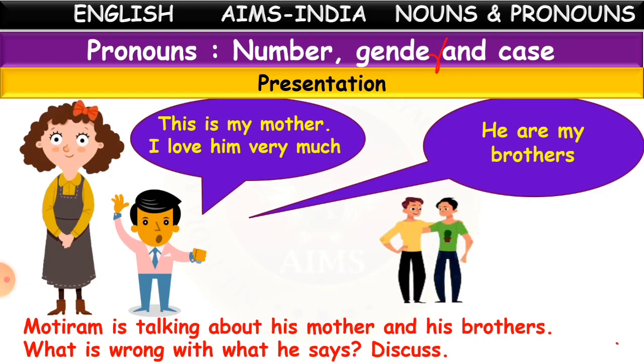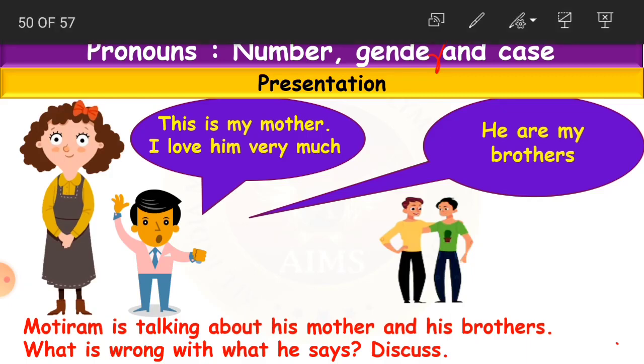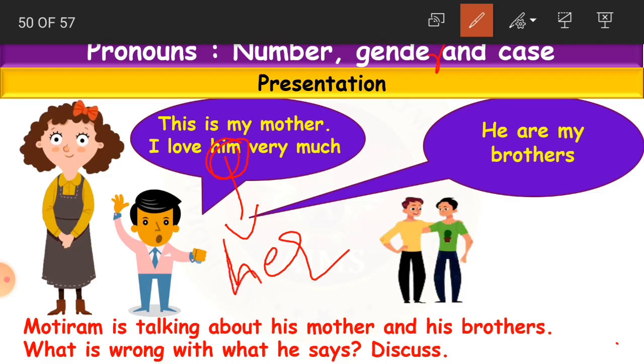When he was telling about his mother, this is my mother, I love, he said him. This him is wrong because she is a female person, so instead of him, he has to say her. I love her very much. And here there are two brothers.